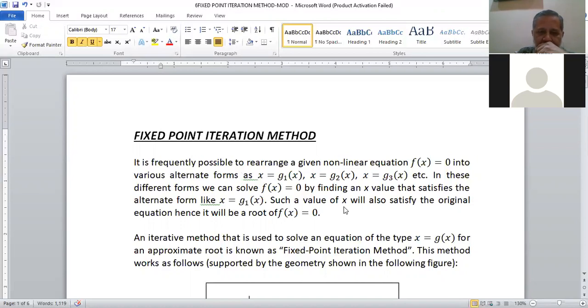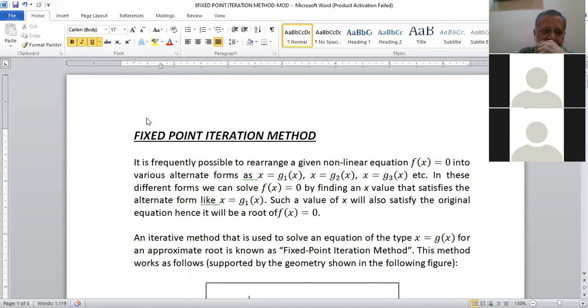by considering fixed point iteration method. We are in this chapter studying methods of solving a nonlinear equation in the form f(x) = 0.